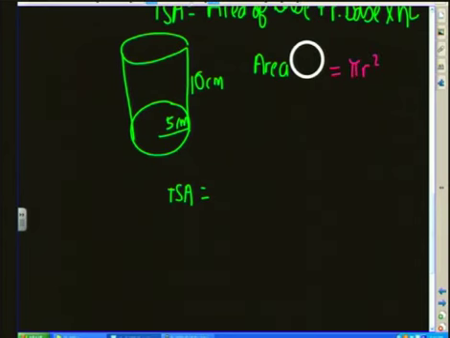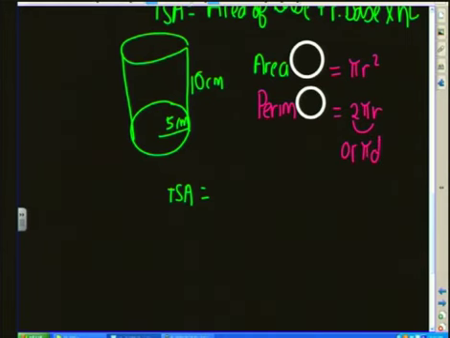Hopefully you all know that by now. And the perimeter of the circle, in other words the circumference, remember perimeter is the outside edge, is 2 pi r. 2 times the radius is also the diameter, so the circumference is 2 pi r, or pi times the diameter.